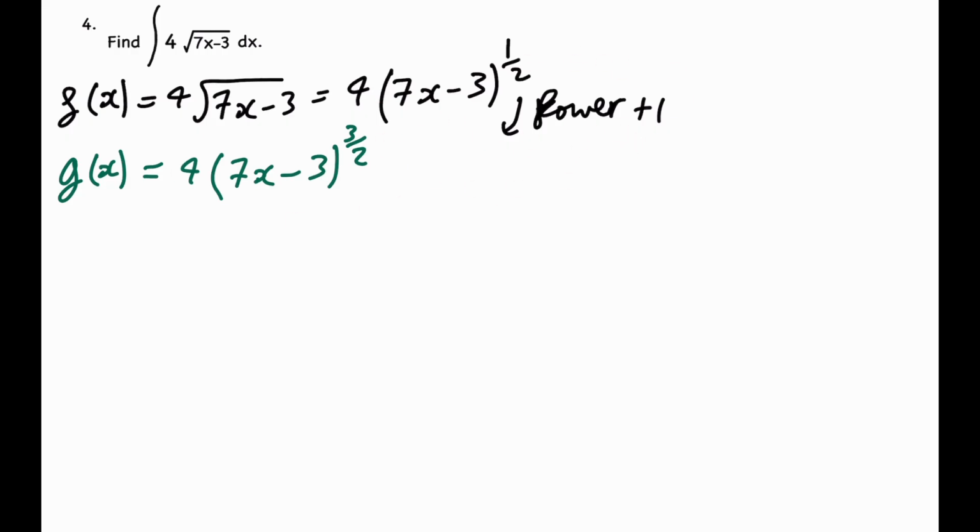We'll just add the power by 1 and see what happens. When we add 1 to the power, we'll get 3 over 2, so (7x minus 3) all to the power 3 over 2. And this is like our trial, so we'll basically trial this function as our integration. We're assuming that this integrates into something very similar, because in integration we normally do add the power by 1.